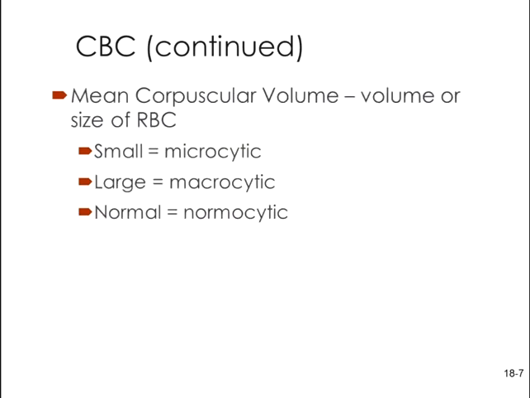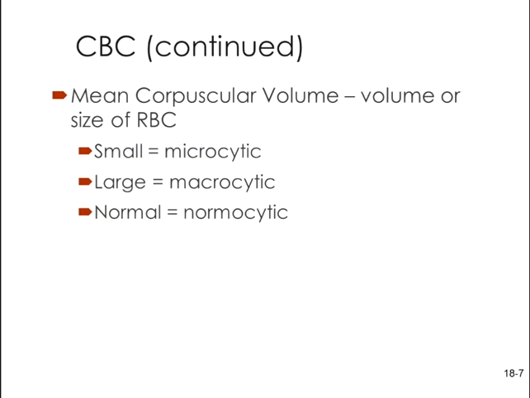So when we talk about hematocrit, there's another term associated with that, and it's called the mean corpuscular volume, or the MCV. And this is actually specifically the volume or the size of the red blood cell, and it can be identified a couple different ways. If it's normal, we would say it's normocytic. That's the size of the red blood cell. It's normal size. If it's too small, we would say it's microcytic.